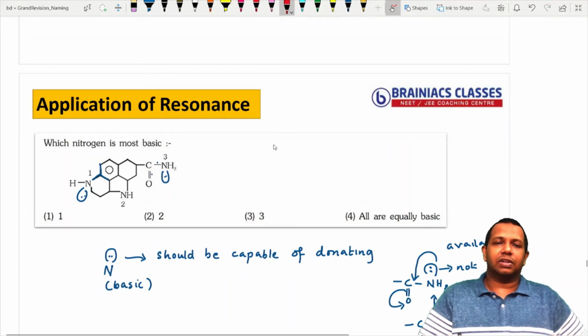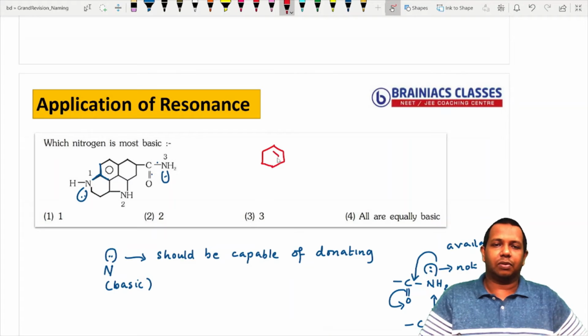We can redraw that structure, so you will understand that. So this benzene ring I am drawing, okay, and you can see from this part you have nitrogen, and there is hydrogen here, and there is a lone pair, and this is connected to another one. So here lone pair, single bond, double bond. So I can say this will also enter into resonance. So what will be the resonating structure of this one?